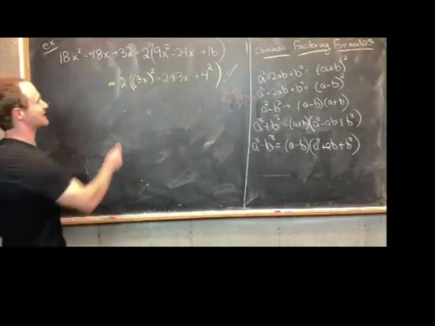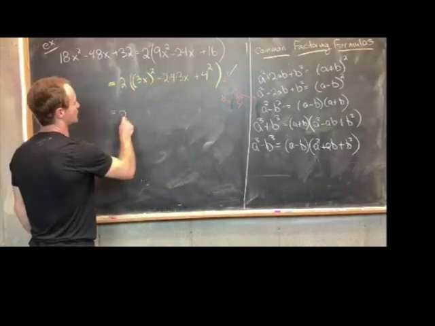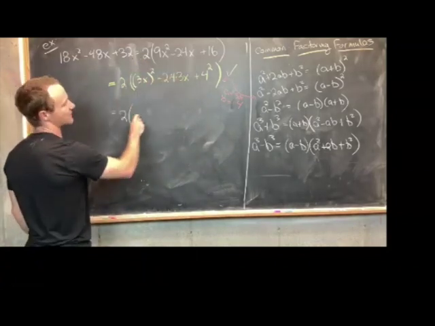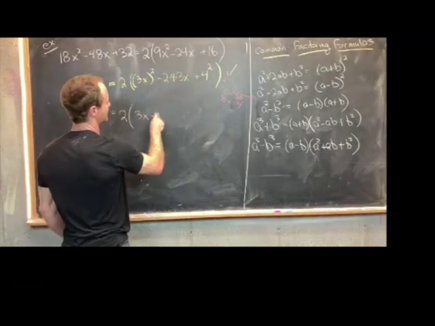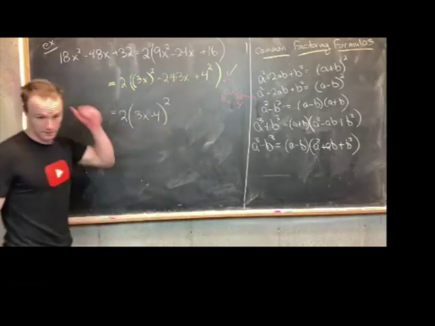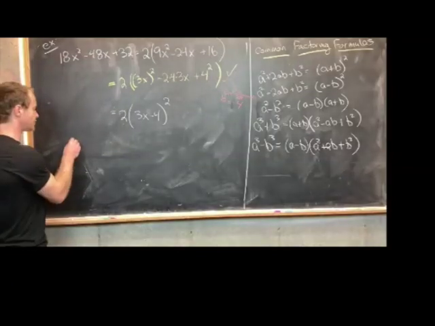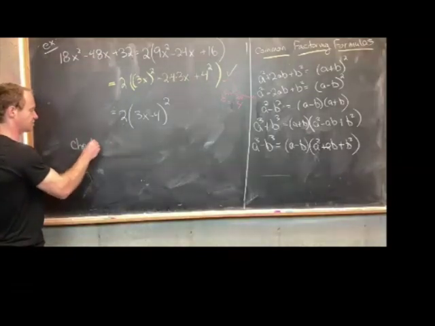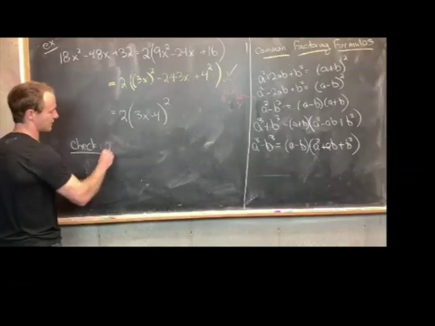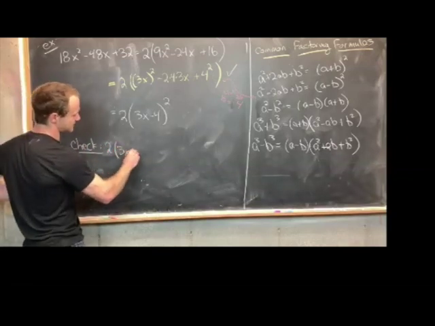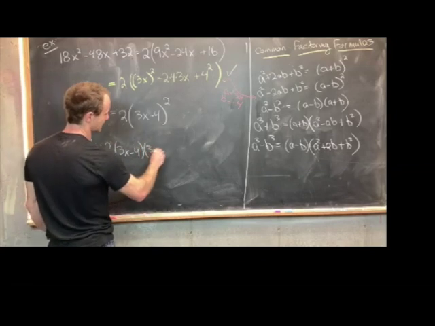That tells us that we have this 2 that comes out front, and then we have 3x minus 4 quantity squared. If you wanted to, we could check that just by doing the multiplication in reverse. So we'll have 2 times 3x minus 4 times 3x minus 4.